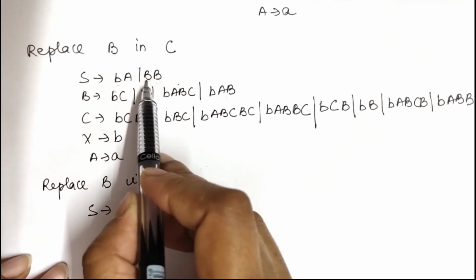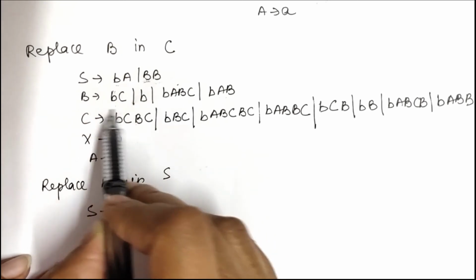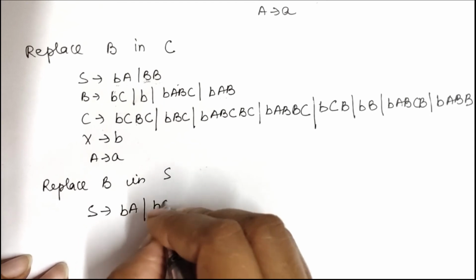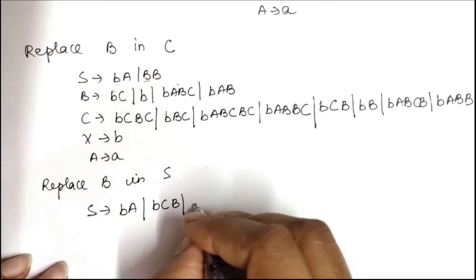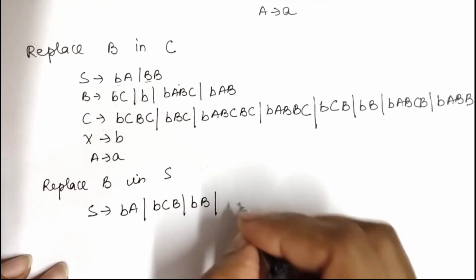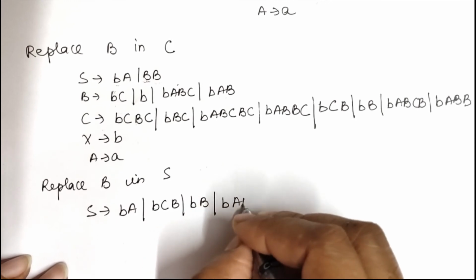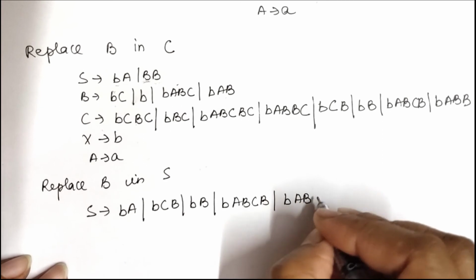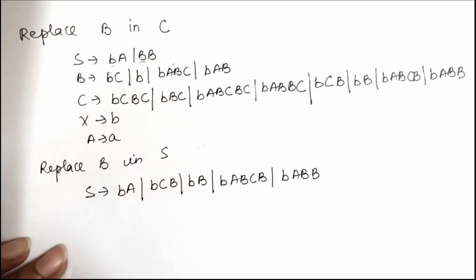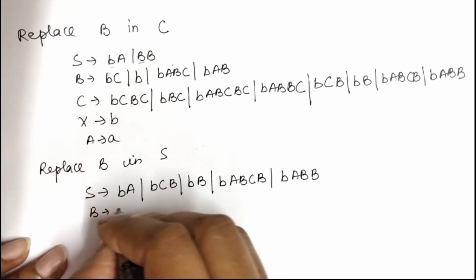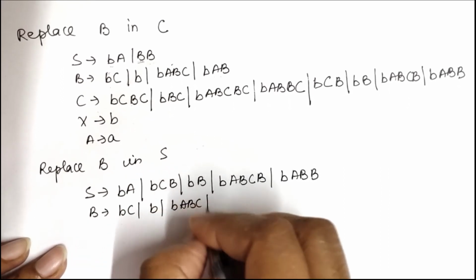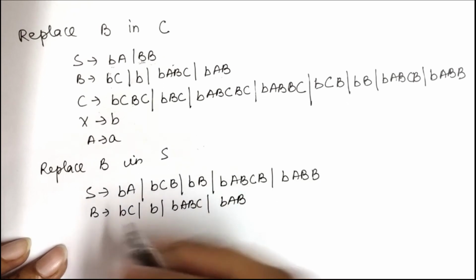Now in place of this first capital B, we have to substitute all the 4 productions one by one. So first is BCB, or small b capital B, or small b A B C B, or small b capital A capital B B. Okay. Now the B production will be BCB, BABC, or BAB.